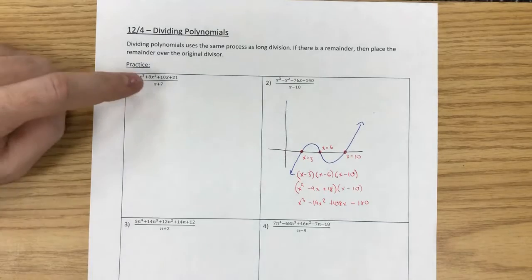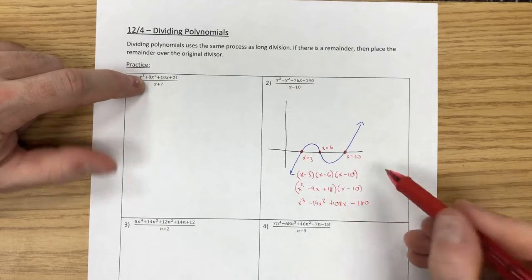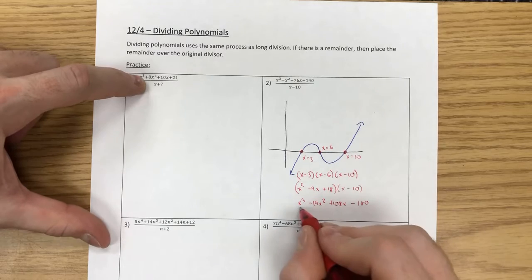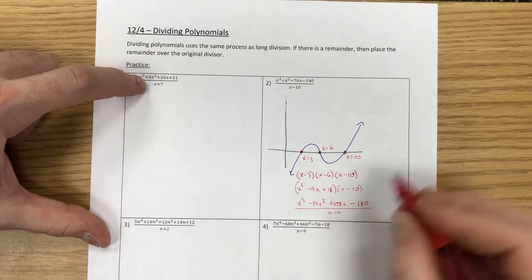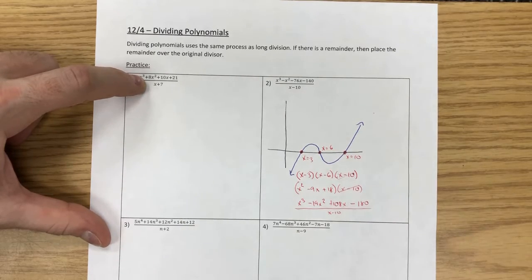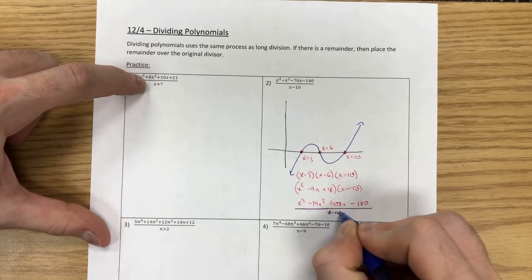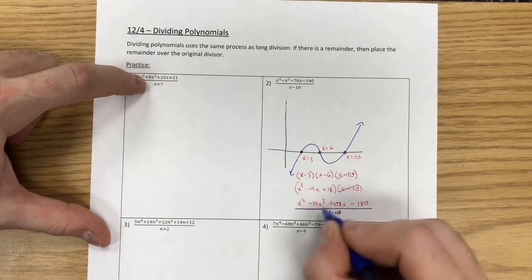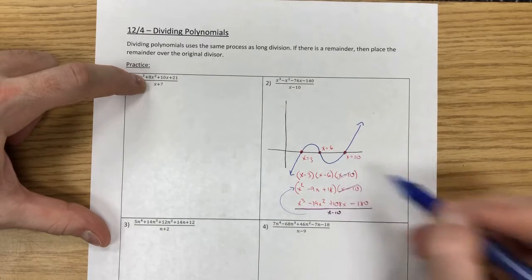What I'm hoping to do by doing this process is that I multiply this out. I'm hoping that if I divide by something like, take this and divide by an x minus 10, what I'll end up with is removing this from the equation. Actually, let me do this in a different color. If I want to divide this by an x minus 10, I'm hoping to remove it from this equation and end up with something that I can easily factor to find the other two roots.